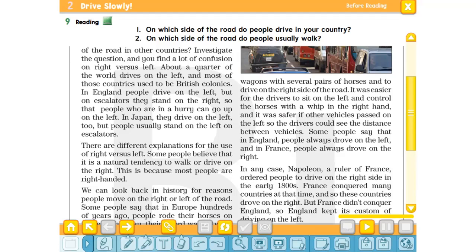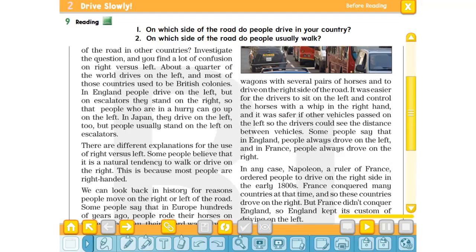There are different explanations for the use of the right versus the left.